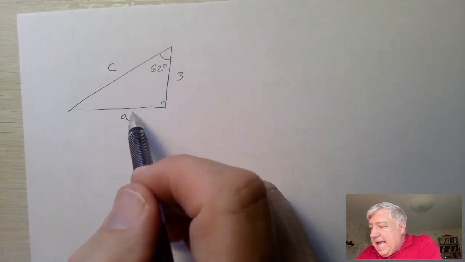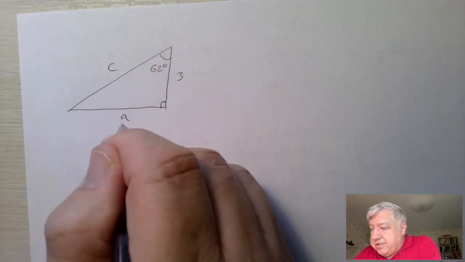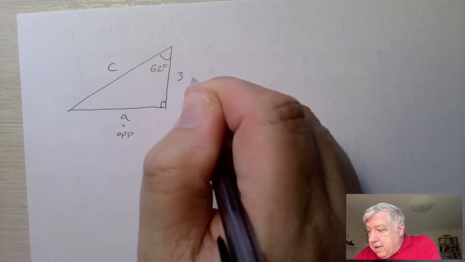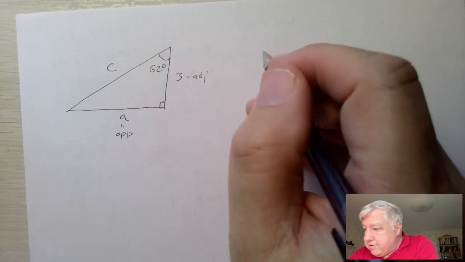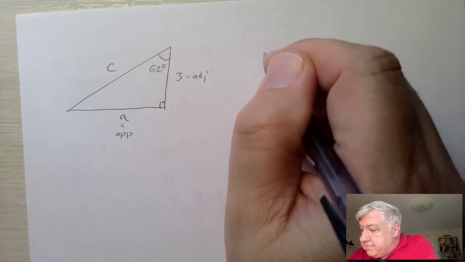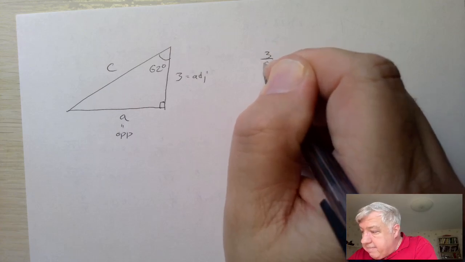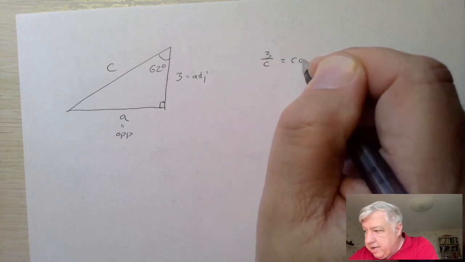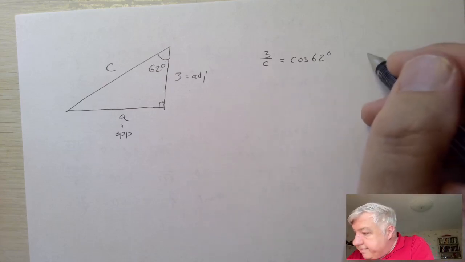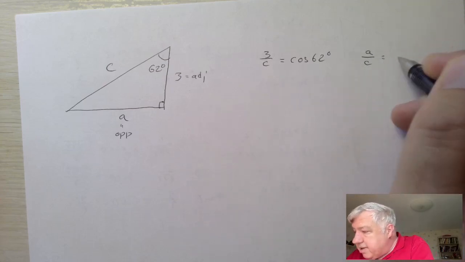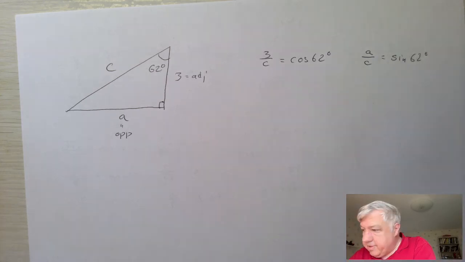Well, since A is opposite this angle, A is opposite 62 degrees, so this would be the opposite, and this would be the adjacent. Okay, so in this case, we have 3 divided by C would be the cosine of 62 degrees, and also that A divided by C would be the sine of 62 degrees, right?